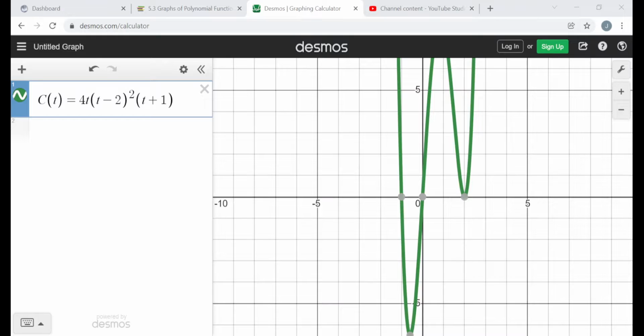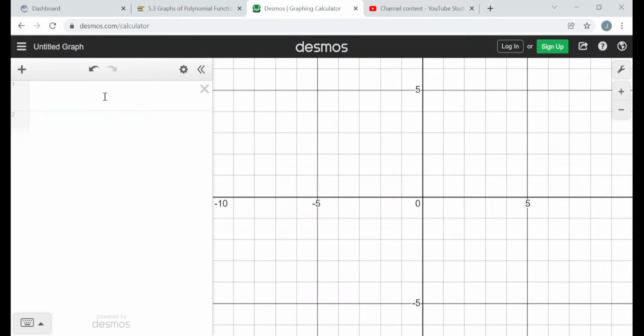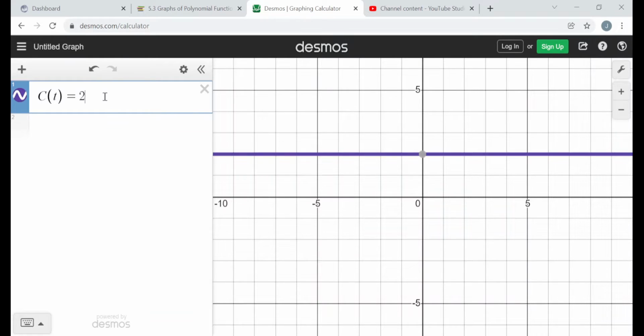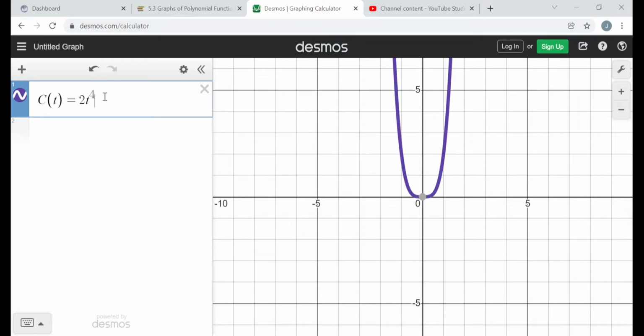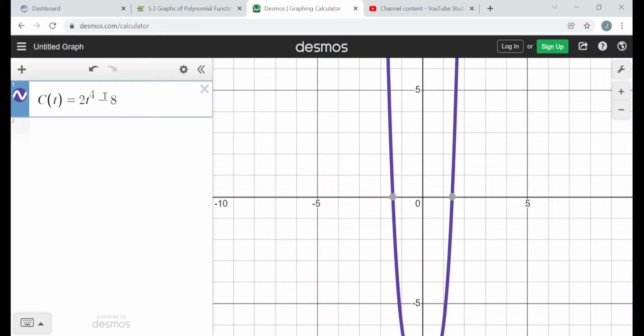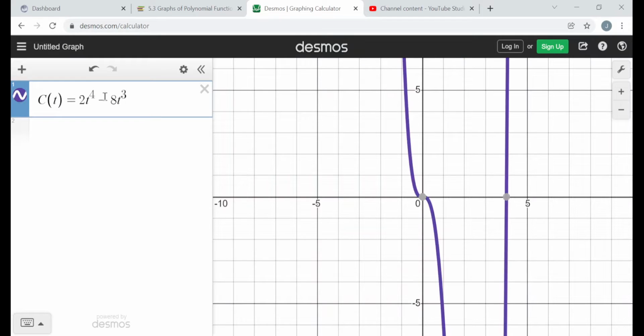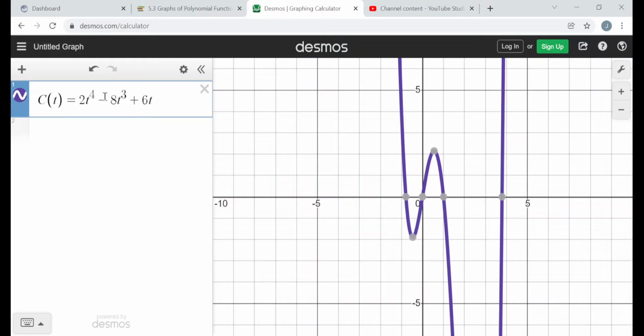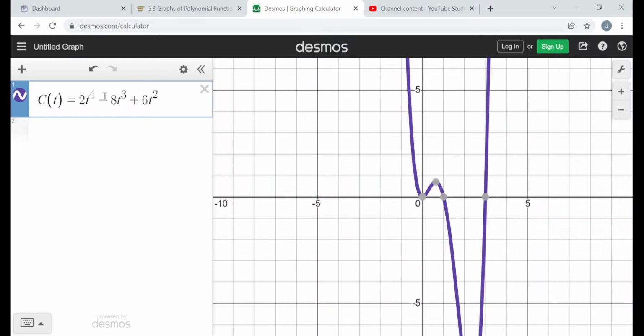Let's take a look. Alright, so again, I'm going to enter this on my Desmos site here. So we have c of t was 2t to the 4th minus 8t to the 3rd plus 6t squared. And it looks similar to what I wrote, right? C0, 0, C1, 0, C3, 0.